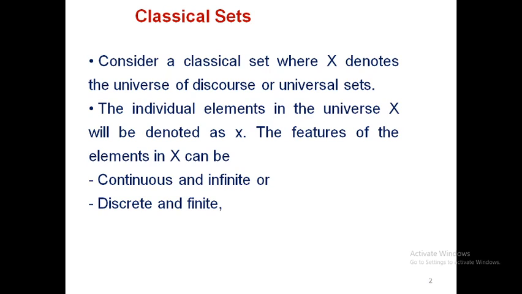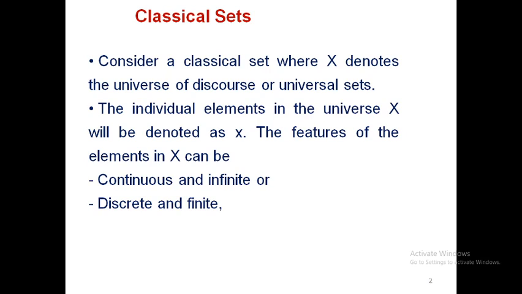The features of these elements in the universe of discourse, that is capital X, can be either continuous or infinite numbers, or discrete and finite numbers. Let us take a simple example. If you consider alphabets, there are 26 alphabets. All 26 small alphabets belong to one set.